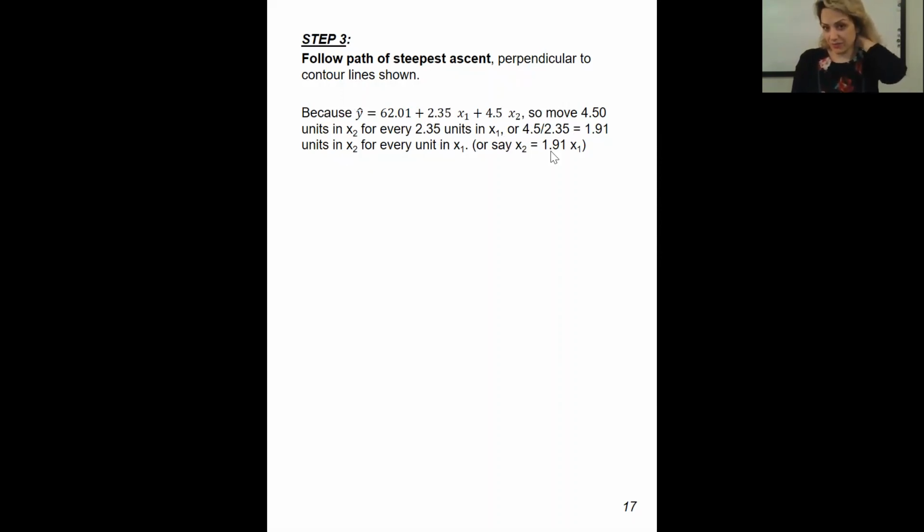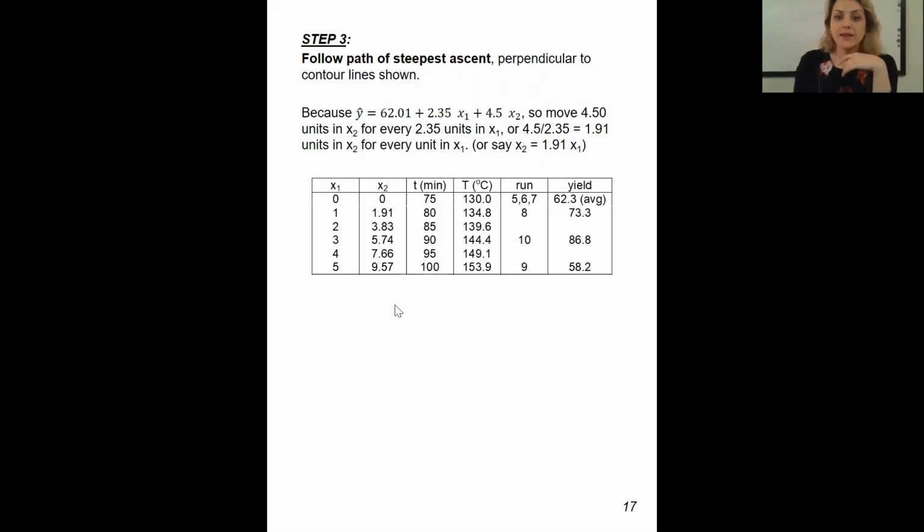It's the same thing that I showed you for the slope. So we can say 4.5 divided by 2.35 is 1.91 units in x2 for every unit in x1, and here are the runs. Look at the first column.